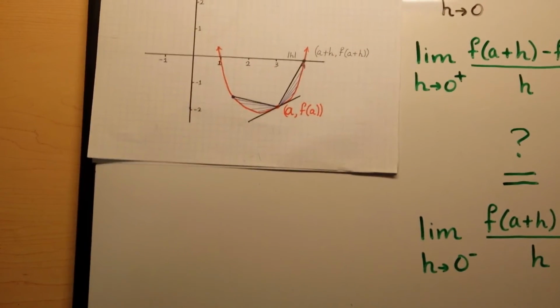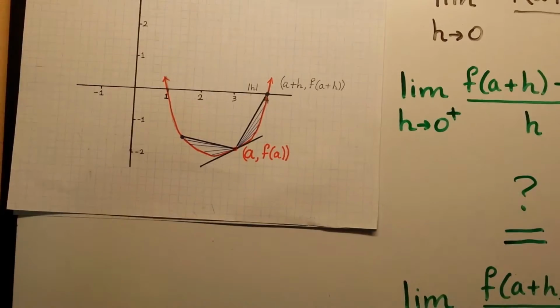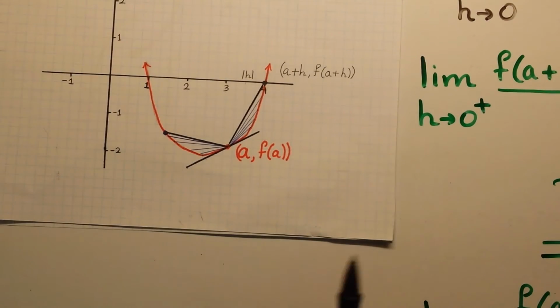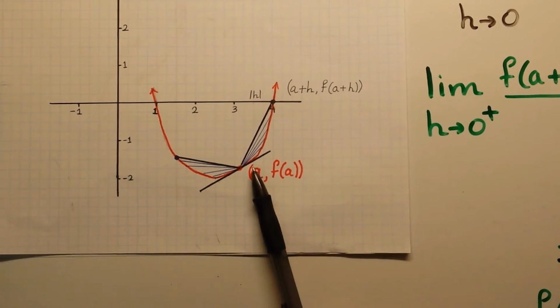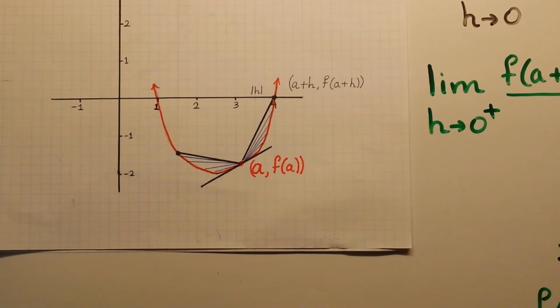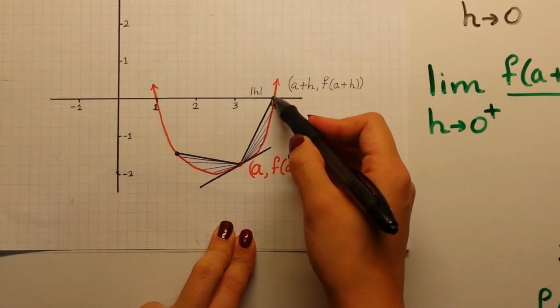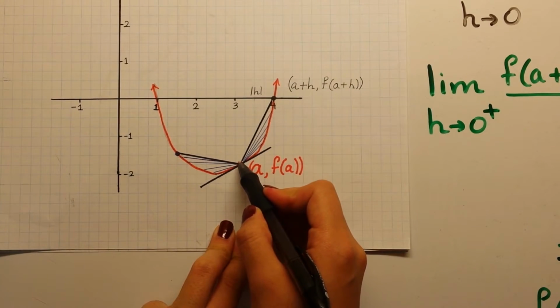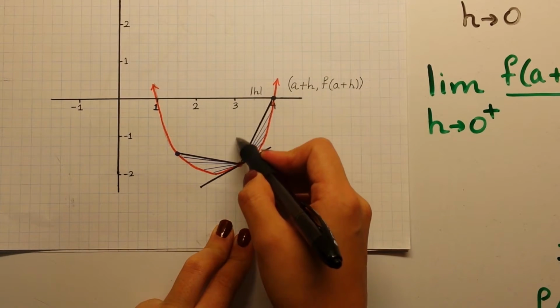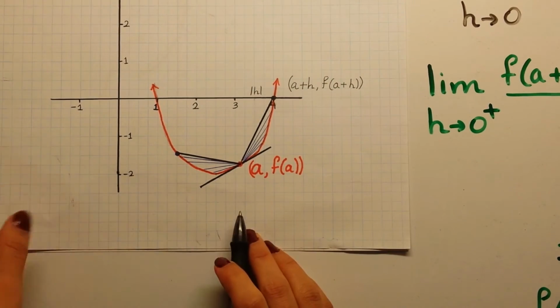And we saw here that this happened, so a tangent line existed. We saw that our following interval and our preceding interval both approached a common value, f of a.